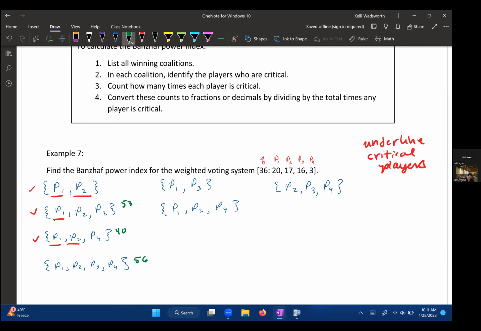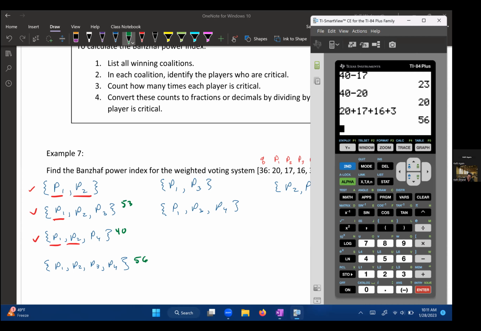That's the total weight of the voting system. So who is critical? Clearly, player 4 is not critical because if you take 56 and subtract those 3 votes, you're not critical. What about player 3? They have 16 votes. Does that fall below 36? Nope. What about player 2?